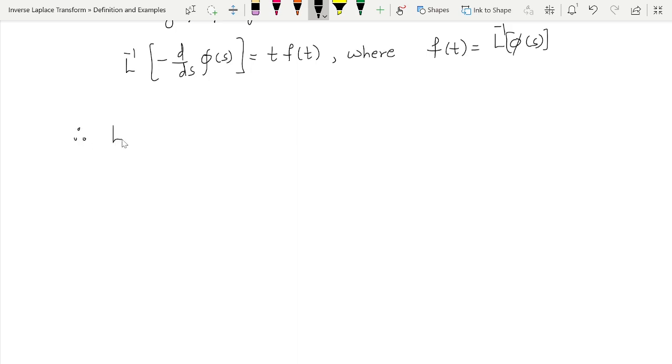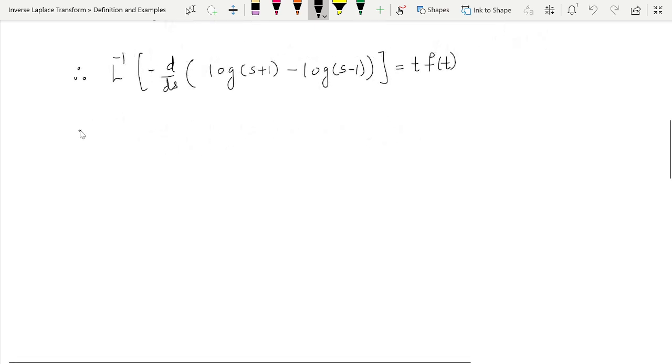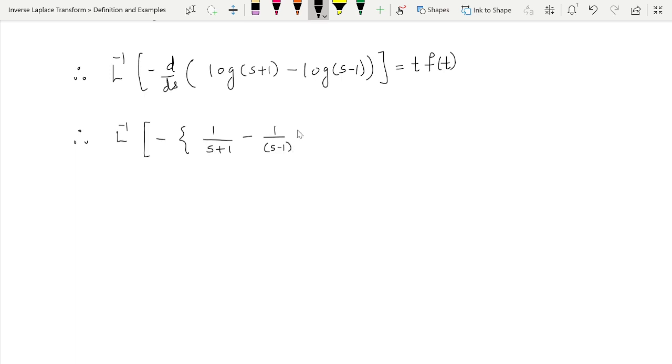Therefore L inverse of minus d by ds of, now let us put the value of phi of s. Now simply differentiate it. I will keep this minus sign out. After differentiating, you know the derivative of log of s plus 1 will be 1 upon s plus 1 minus 1 upon s minus 1, which is equal to t multiplied by f of t.